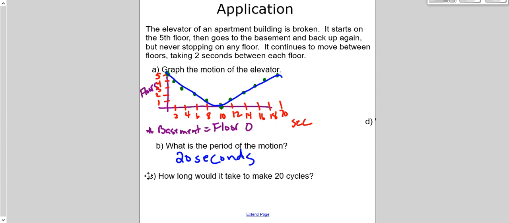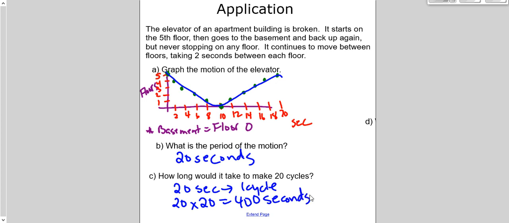And then how long would it take to make 20 cycles? Well, if it takes 20 seconds for one cycle, then if we want 20 cycles, we would have to multiply that by 20, which would give us 400 seconds, which we could convert into minutes.